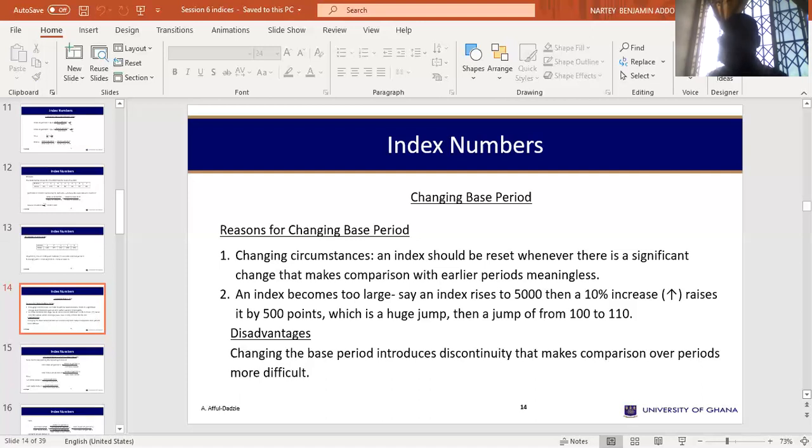So a 10% increase in 5,000 gives 5,500, compared to 110. You see, when that happens, there will be the need to rebase it. Okay. The disadvantage is that changing the base period introduces discontinuity that makes comparison over periods more difficult.